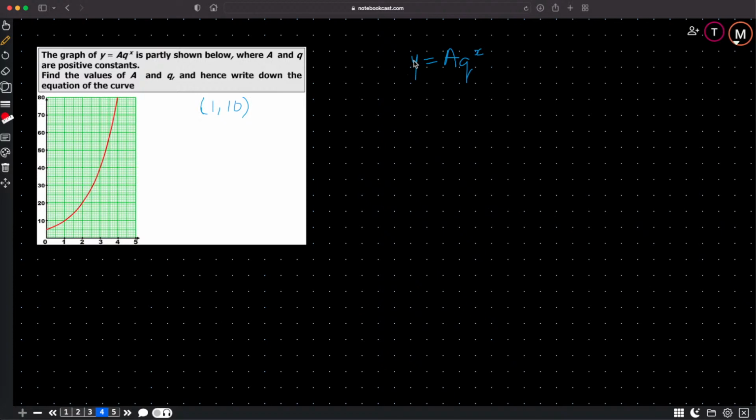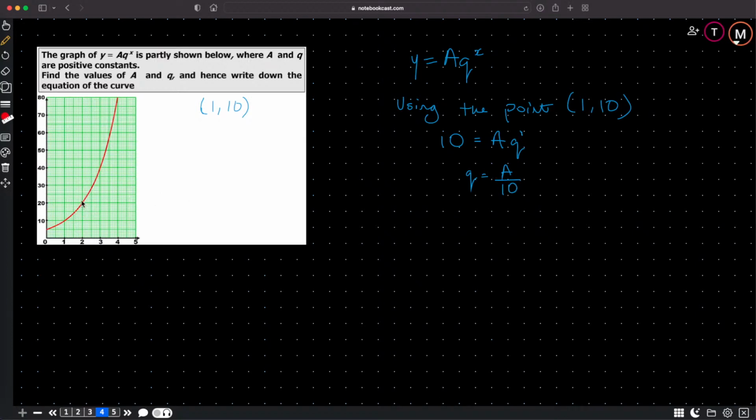Using the point (1, 10), we're going to get 10 for y equal to a q to the power of 1, which is just q. So here we get a times q is equal to 10. Or in other words, q is equal to 10 divided by a. That's another way we could rearrange it. Maybe that would be useful.